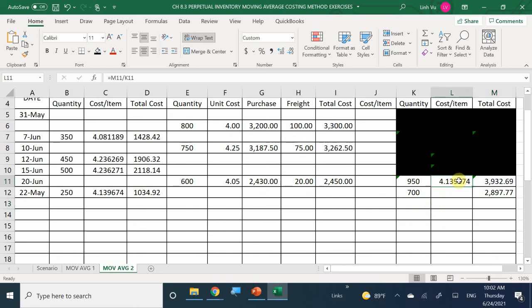So therefore, bringing my new average cost to be 4.139671. Excellent.